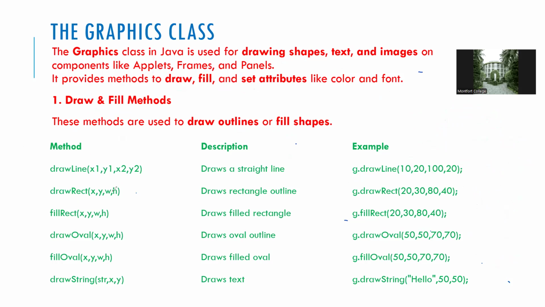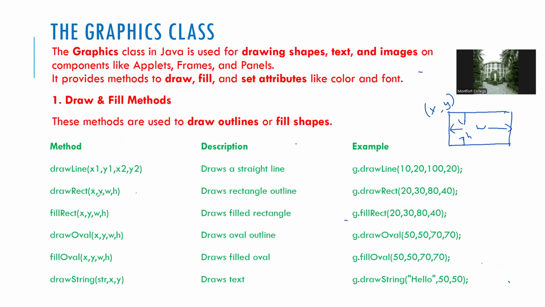For the rectangle, let me draw it here. This is a rectangle. In this rectangle, this is going to be the width, and this is going to be the height. So in drawRect, the starting point of the rectangle is this corner, so x comma y.